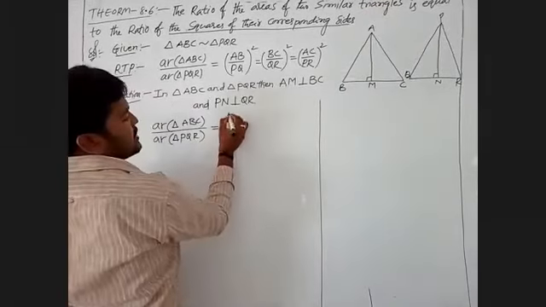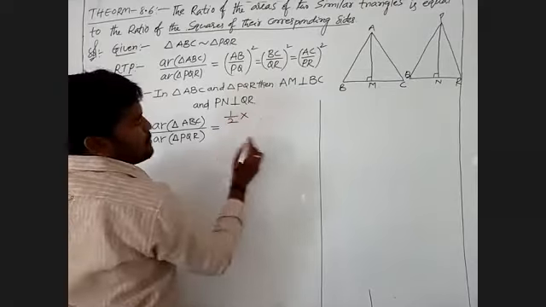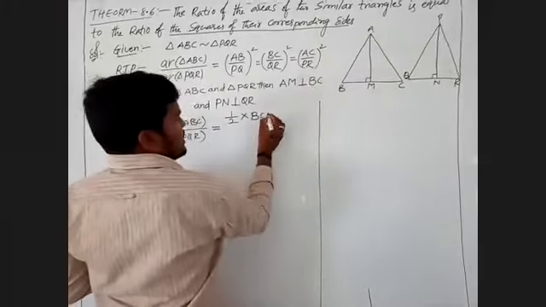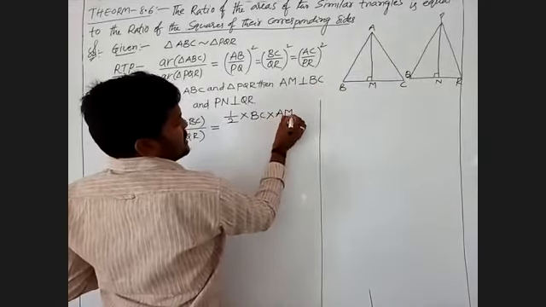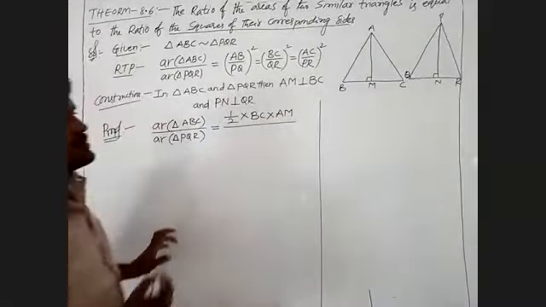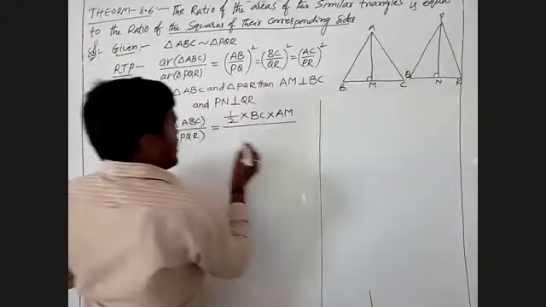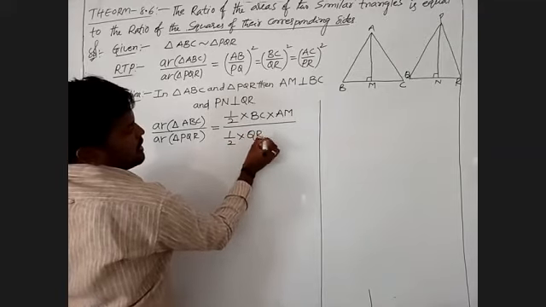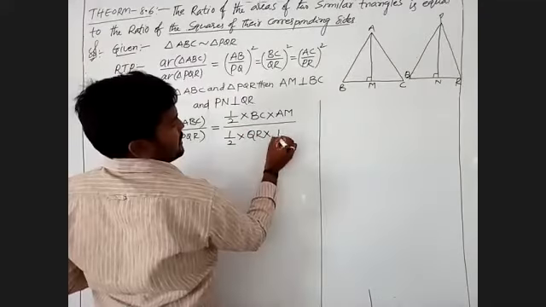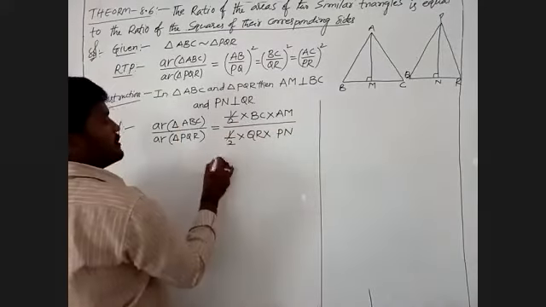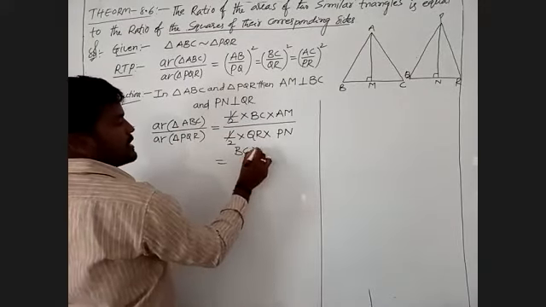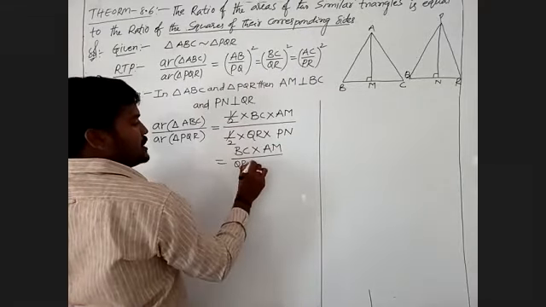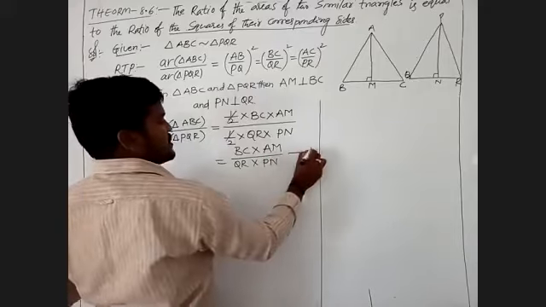For triangle ABC, the base is BC and the height is AM; for triangle PQR, the base is QR and the height is PN. Half and half cancel, remaining BC into AM by QR into PN. This is my equation number 1.